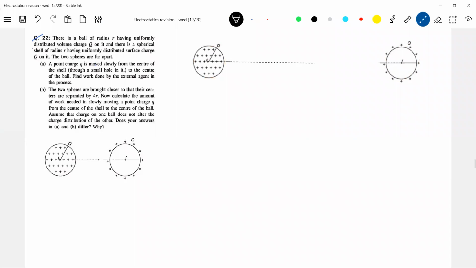So this will be the diagram. Separated to infinity, and here I'll move a charge Q from the center of the shell. A point charge Q is moved slowly from the center of the shell through a small hole in it to the center of the ball. Find the work done by the external agent.